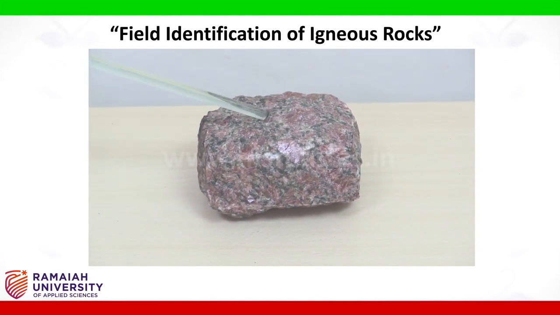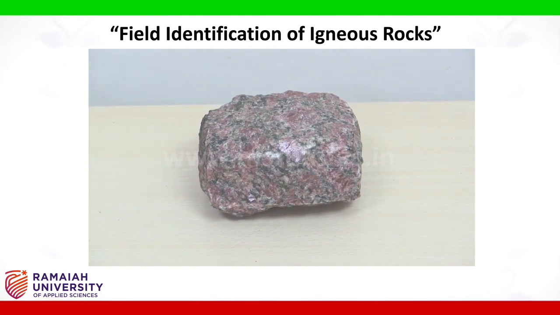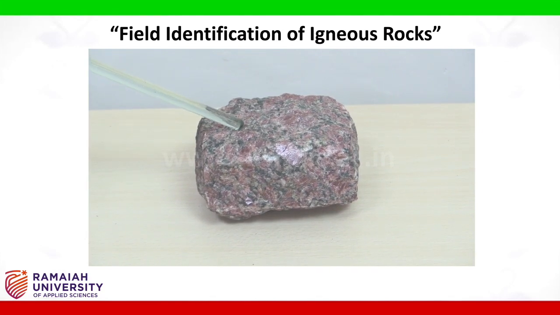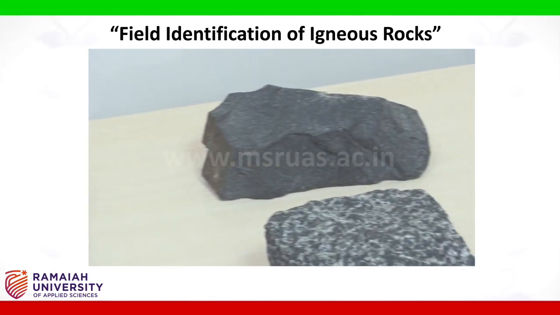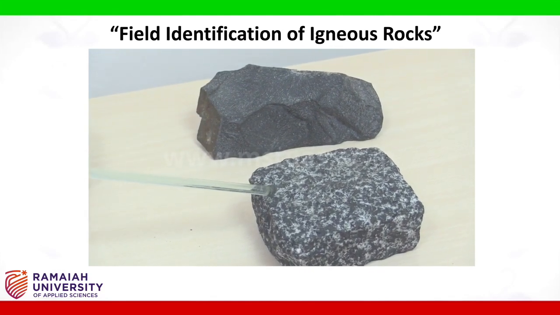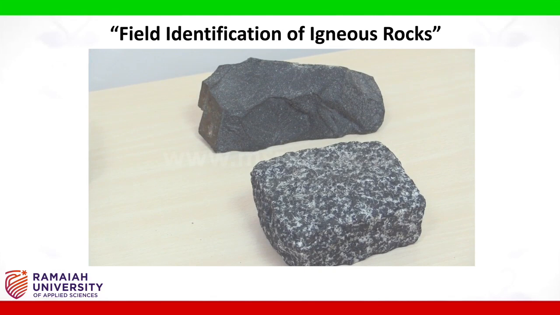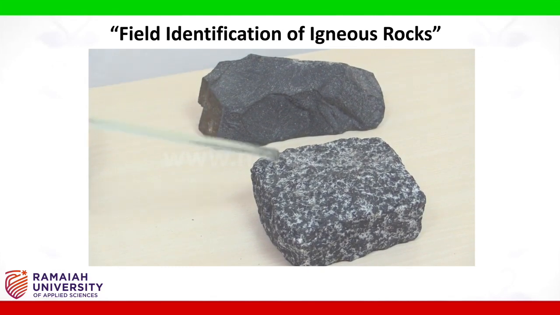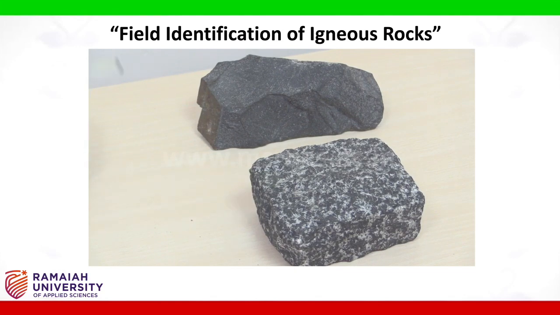There will be a drastic reduction in the silica content and a slight increase in the darker minerals. The third category of rocks is the basic rocks. Basic rocks are slightly darker in color with SiO2 content varying between 45 to 55%. There will be an increase in the dark colored iron and magnesium minerals.